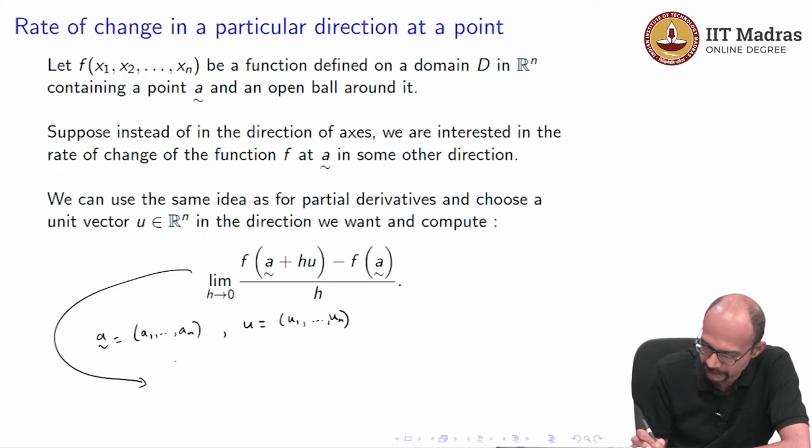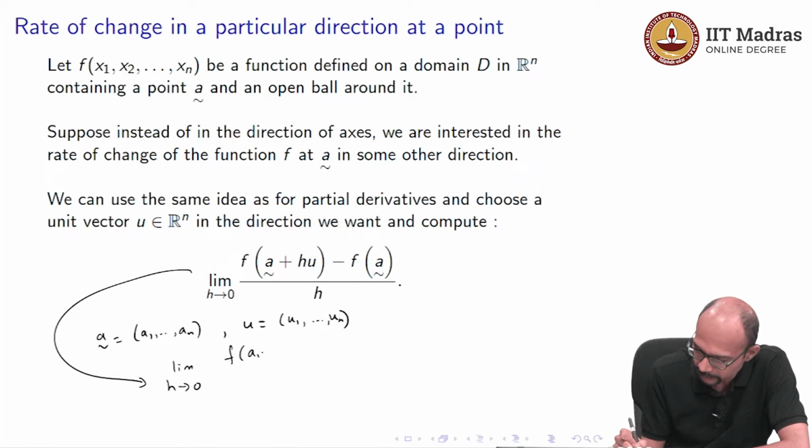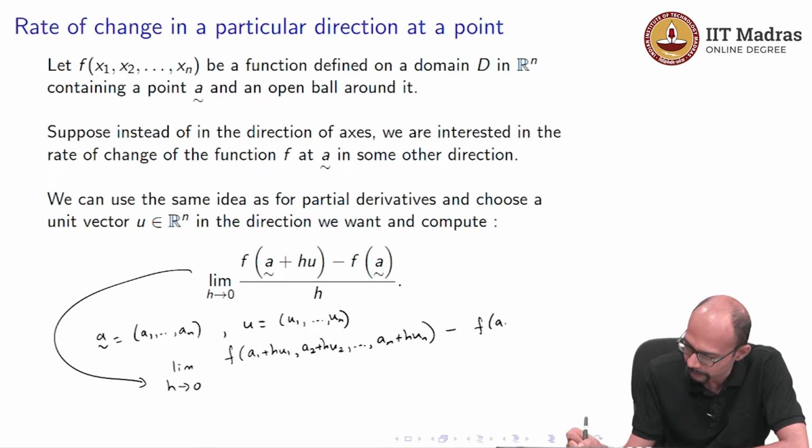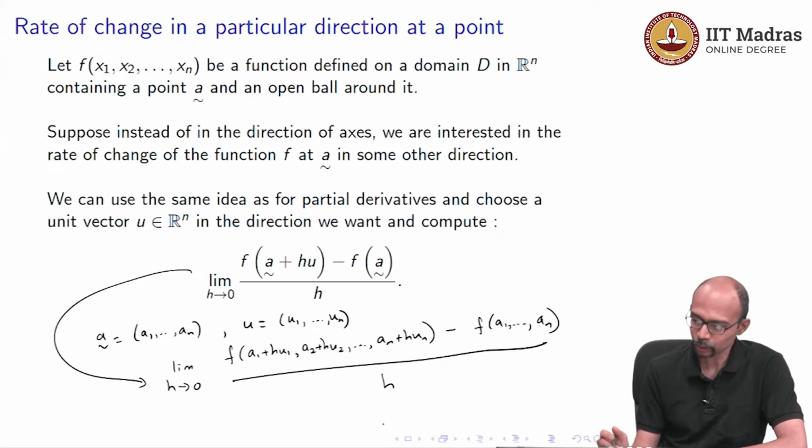This expression is exactly the limit as h tends to 0 of f of (a1 plus h times u1, a2 plus h times u2, all the way up to an plus h times un) minus f of (a1, a2, ..., an), divided by h. You think of this entire thing as a function of h, and you take its limit.